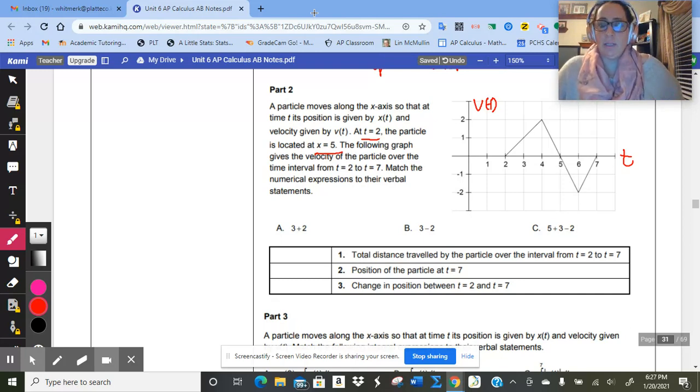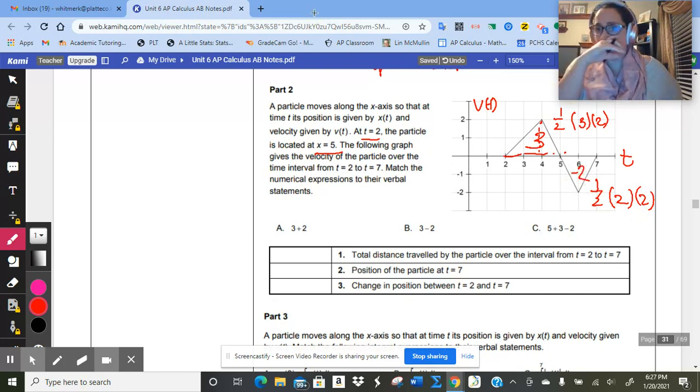So as I kind of look at this with the velocity, let's see what this area is. 1/2 base times height. Base was 1, 2, 3. Height was 2. So this area is 3. Let's see what this area is. 1/2 base times height. This would be -2.